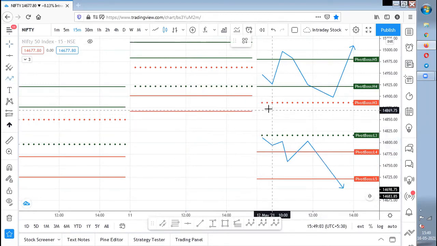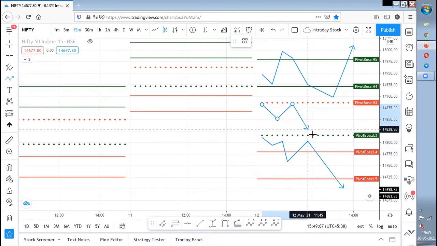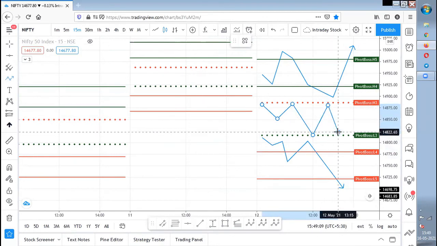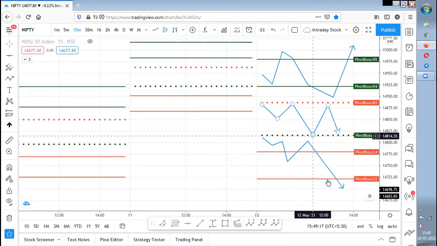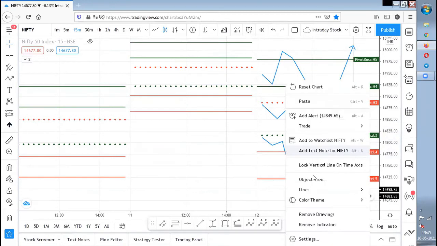If the market is opening between H3 and L3, then you need to wait and watch how L3 and H3 are acting. Why? Because H3 and L3 are reversal layers, so it can consolidate between these two layers, or break and fall down also. So anything is possible. Clear?